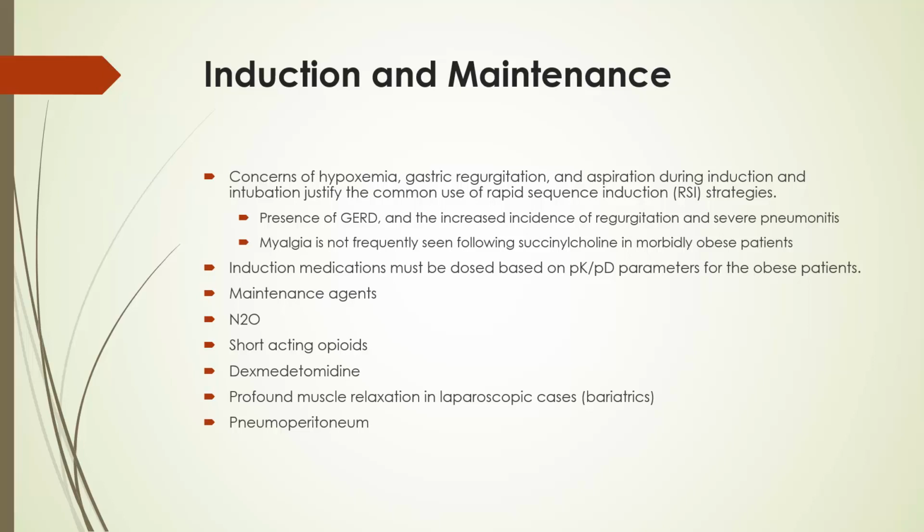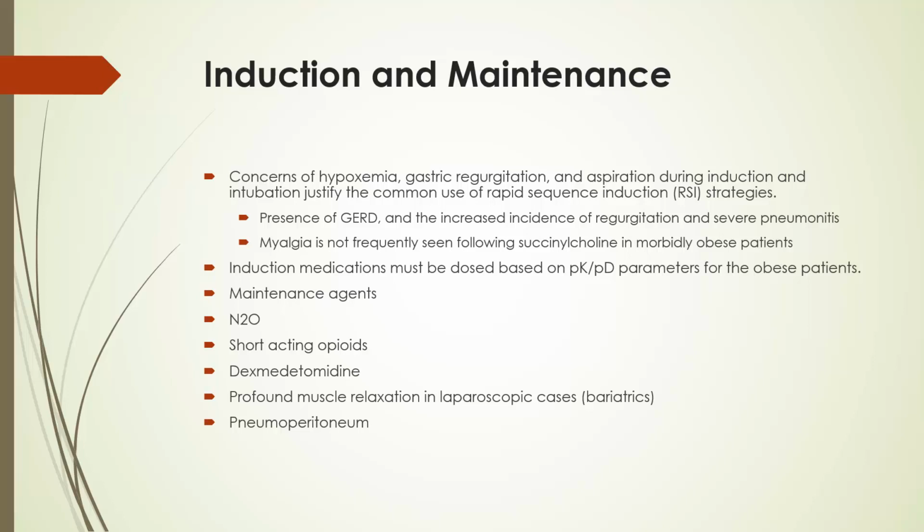Larger doses of induction agents may be required because blood volume, muscle mass, and cardiac output increase linearly with the degree of obesity. Any of the commonly available IV induction agents may be employed after taking into consideration the problems particular to the individual patient.